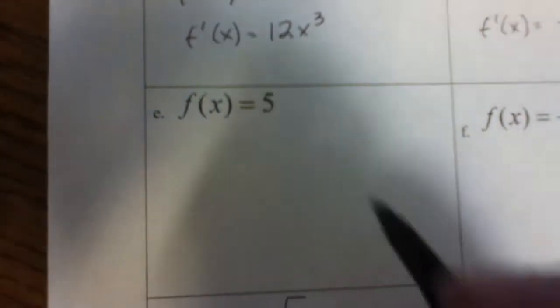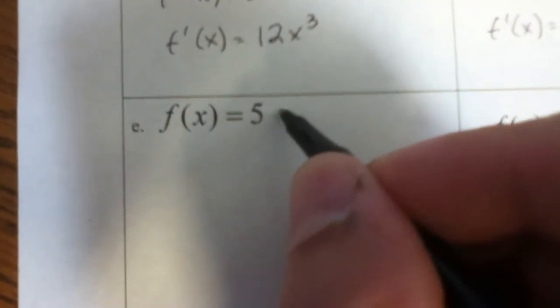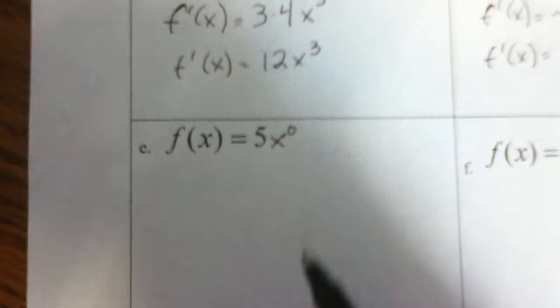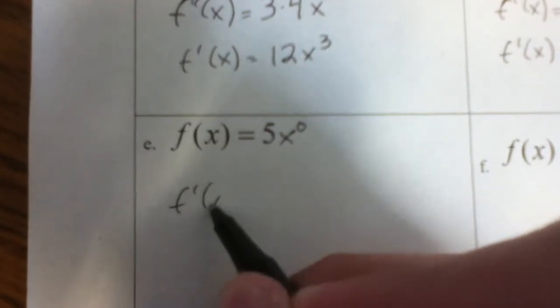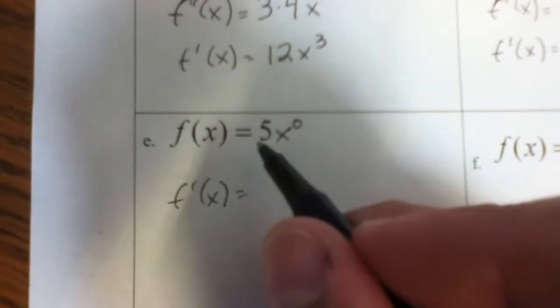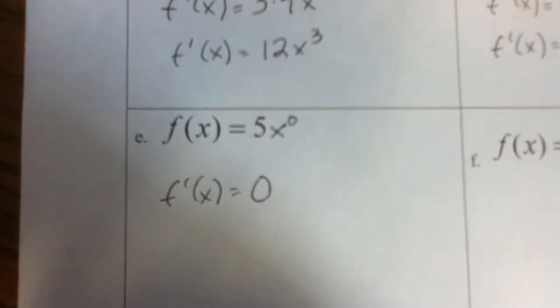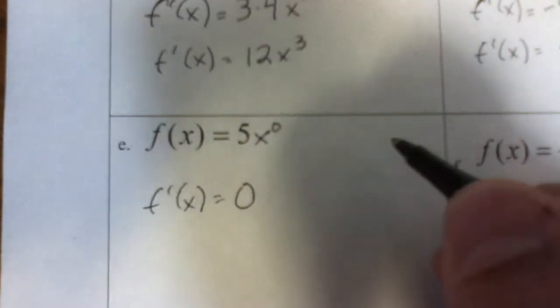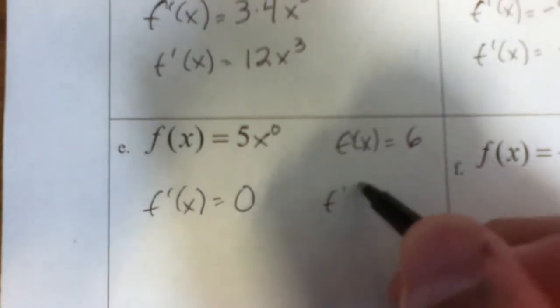Now, the derivative of a constant. This looks a little confusing because there's no variable here, but I could put x to the 0 to show there's no x's there. And if I follow my steps, 0 would go to the front, 0 times 5 is 0, anything times 0 is 0, so we find that the derivative of 5 is 0. To keep that pattern going, what would the derivative of 6 be? 0.